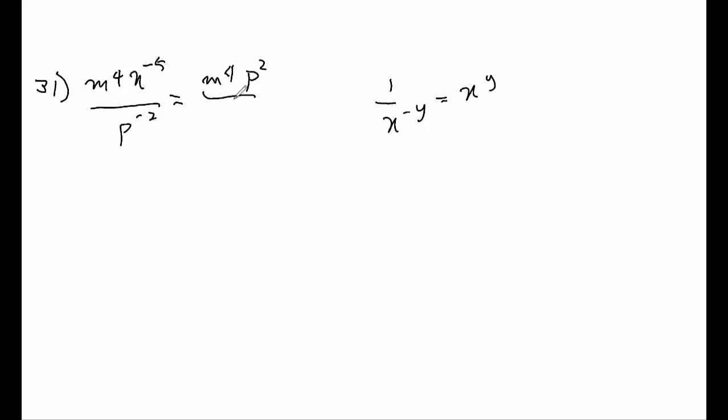Similarly, I'm going to take the n to the negative 5, and I'm going to use the negative exponent rule that says x to the negative y is equal to 1 over x to the y. So that means that I'm going to bring the n to the negative 5 to the bottom and make that n to the positive 5.